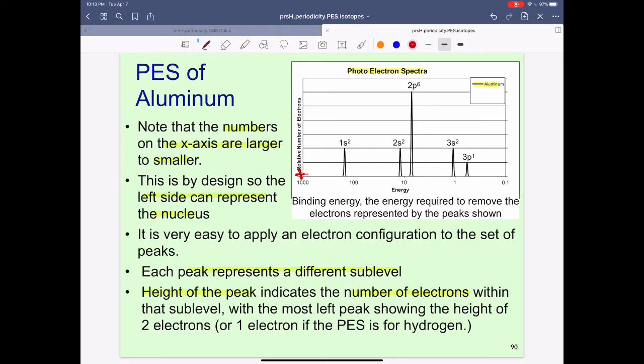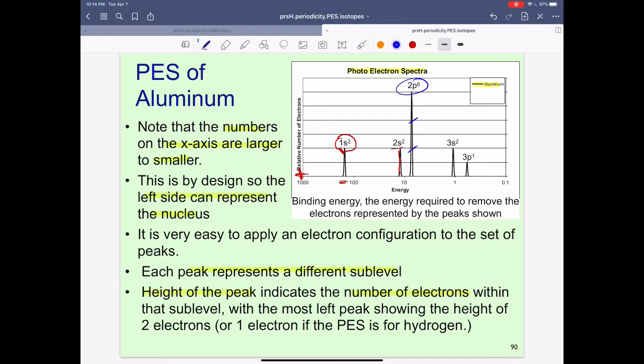So the first peak that you see on any spectra, this one written here, will always represent the 1s electrons. Unless it was a hydrogen, in which the peak would be smaller, the first peak will represent a 1s2, as is the case here. The second peak, which is the same height, will represent 2s2, and the third peak, notice, is 3 times as tall, and thus it will represent a 2p6.